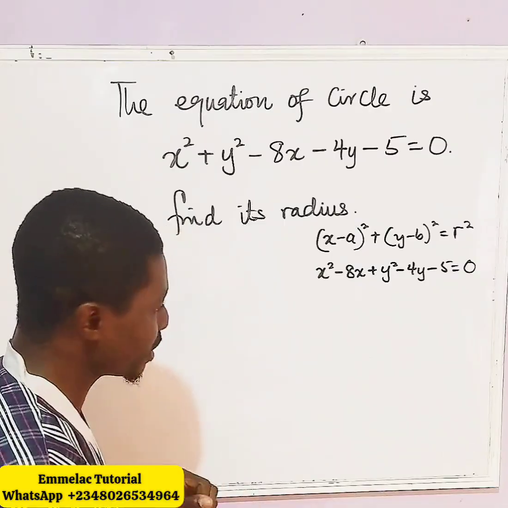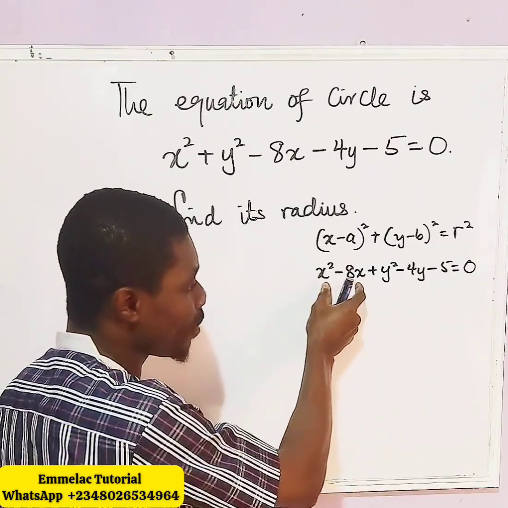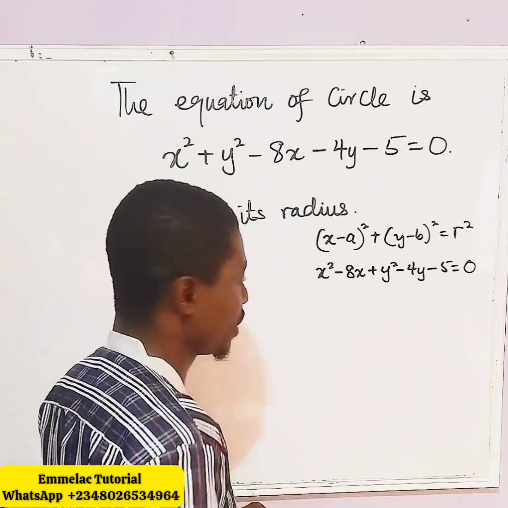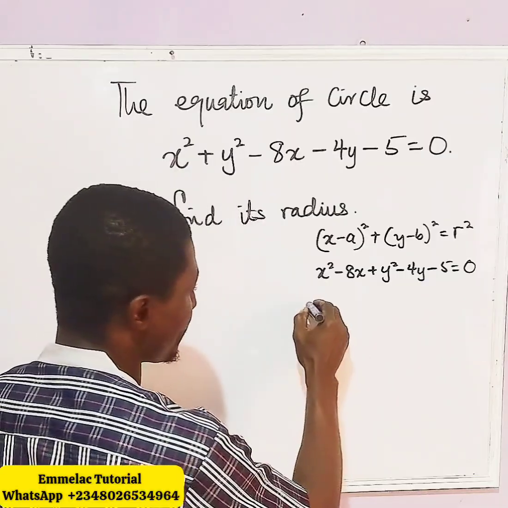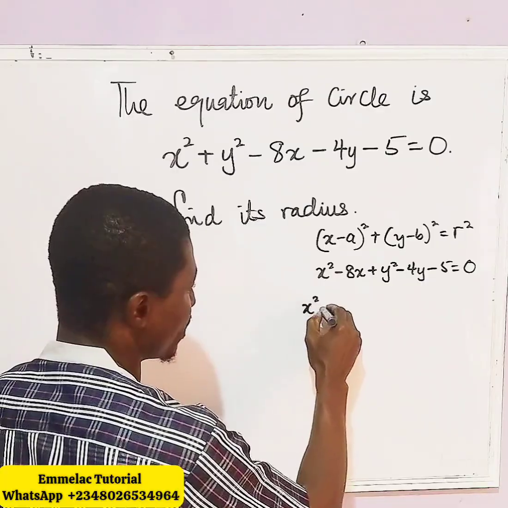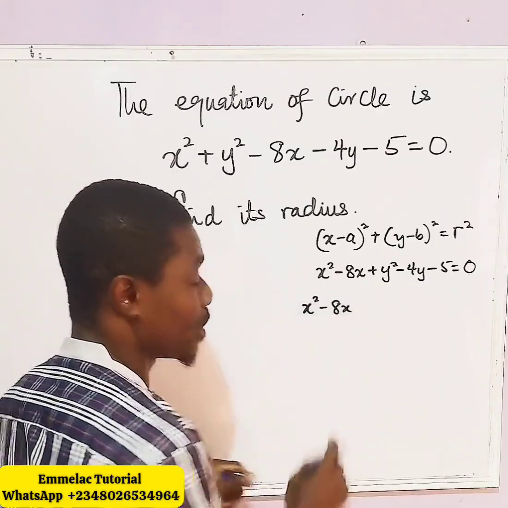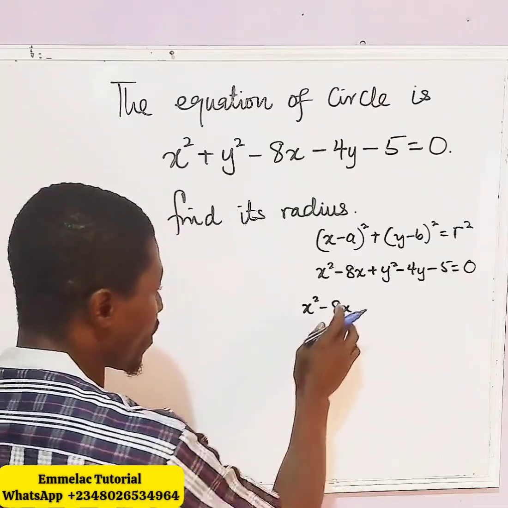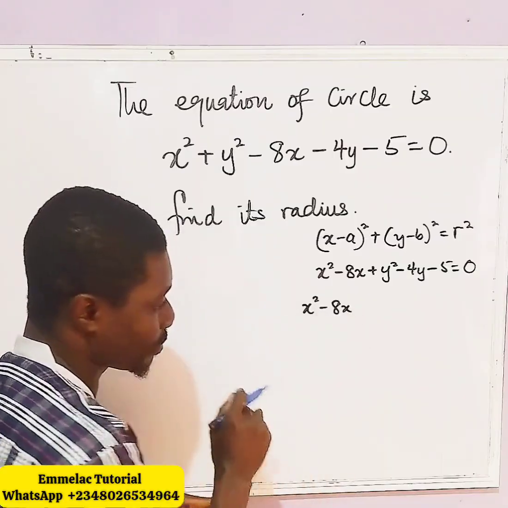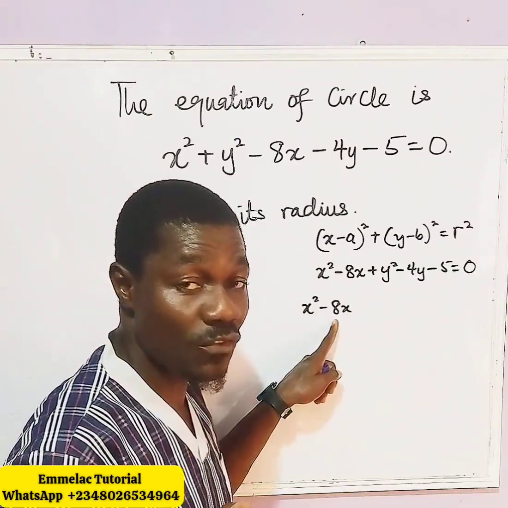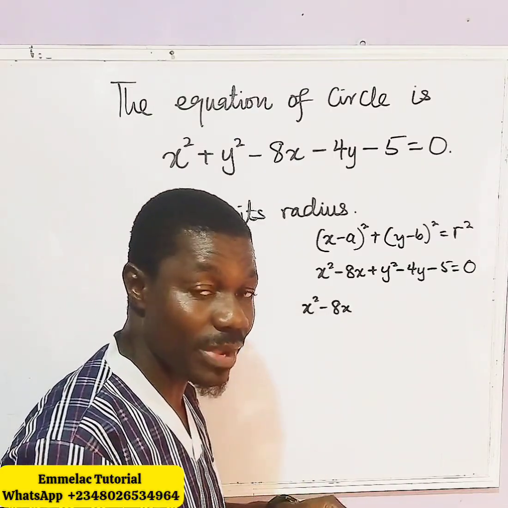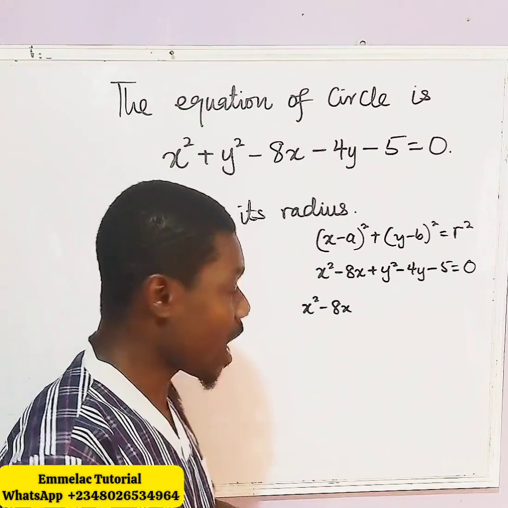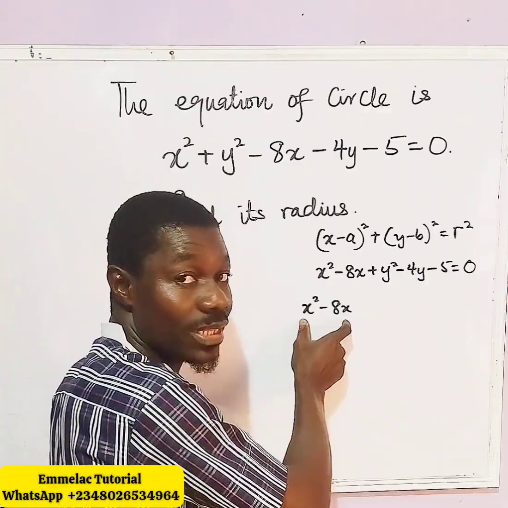So let's apply the completing the square method for the x. Here we have x squared minus 8x. Let's deal with it individually. Take the coefficient of x, which is negative 8, divide it by 2, square it, and we add that to the term here.